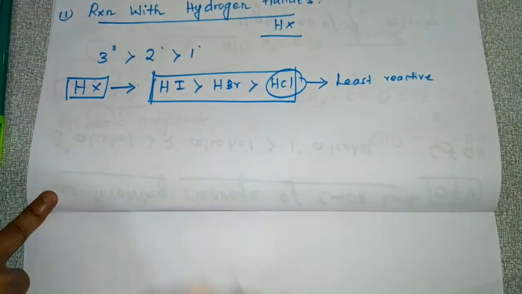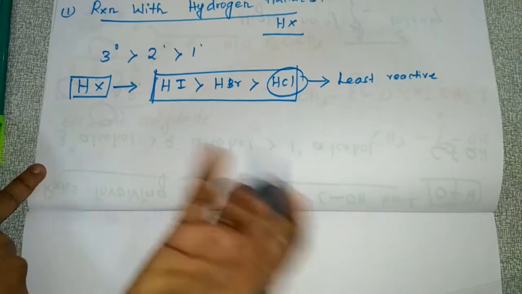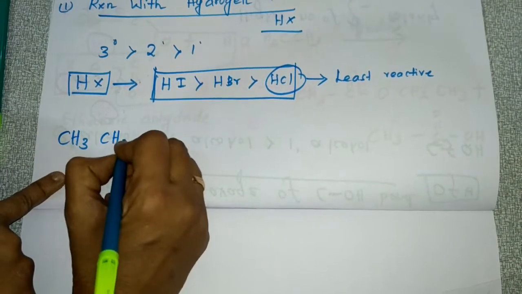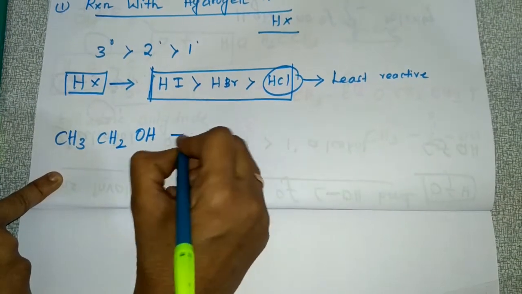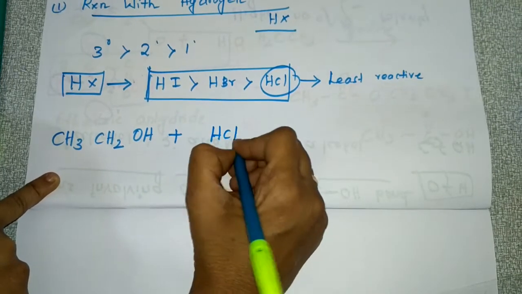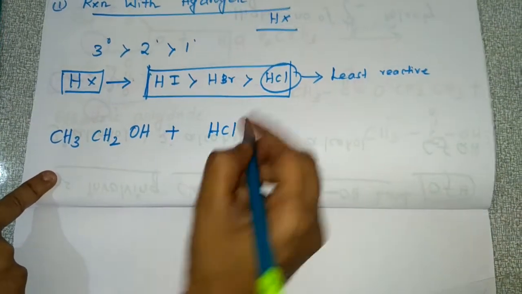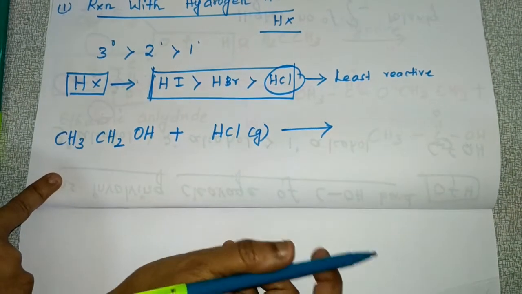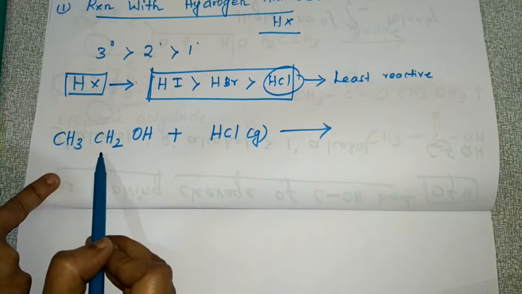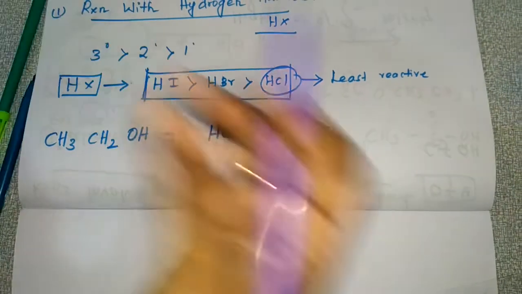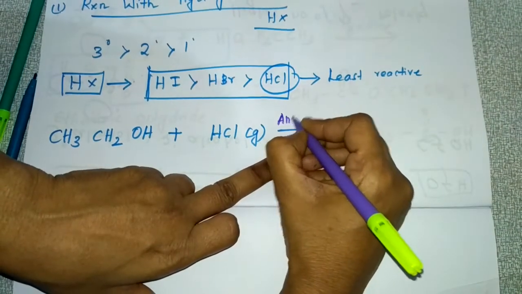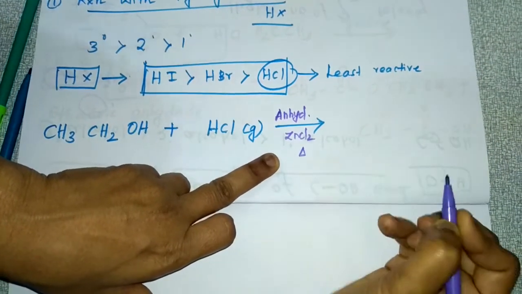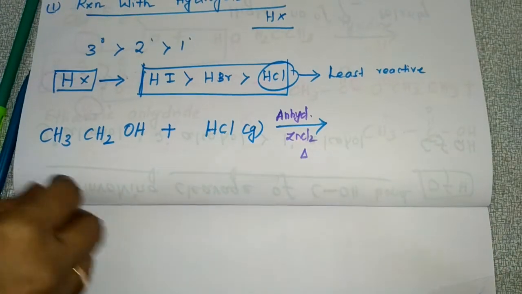I'll give you a reaction example for that. First I will take a primary alcohol, CH3CH2OH, with HCl. Here we are not using acid, you are using HCl gas. As I told you, HCl is least reactive, so when it reacts with primary alcohol, you have to use anhydrous zinc chloride and heat it.